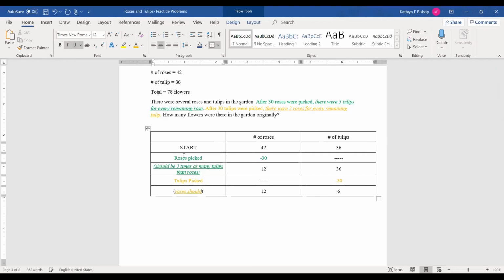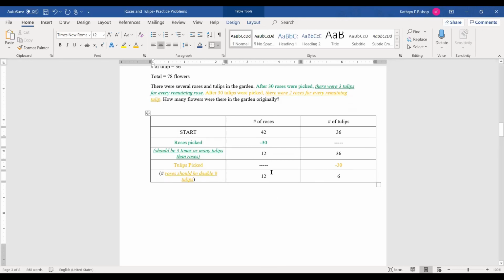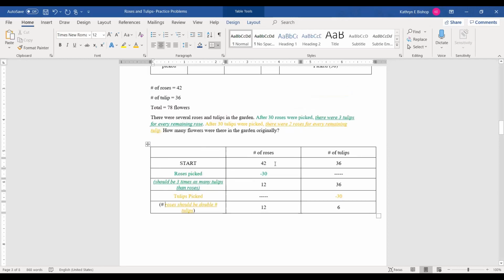Roses should be double the number of tulips. Okay. And 12 is 2 times 6, so that is correct. So that means our answer of 78 total flowers in the beginning should add up.